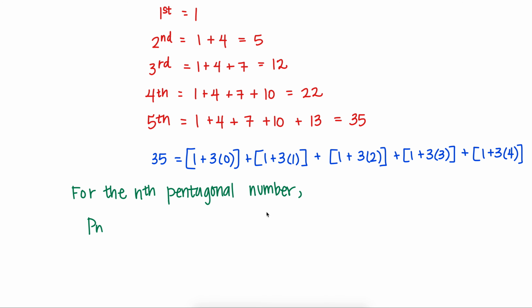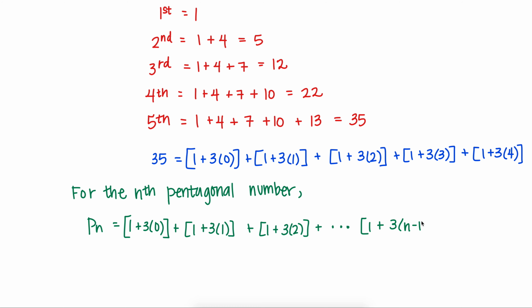Following this pattern, we would have 1 plus 3 times 0, plus 1 plus 3 times 1, plus 1 plus 3 times 2, and we would take this all the way up to 1 plus 3 times n minus 1.